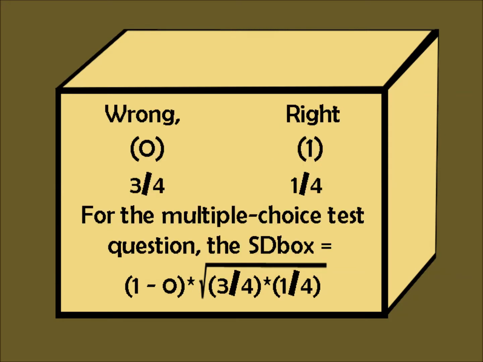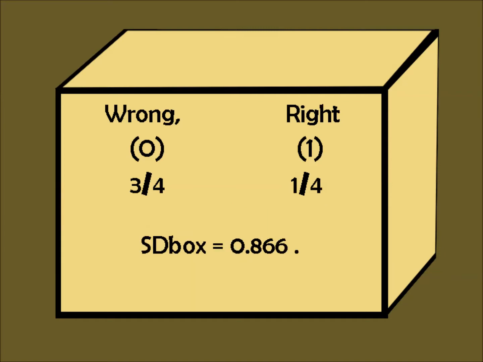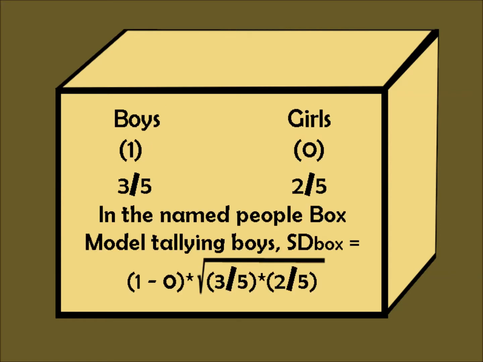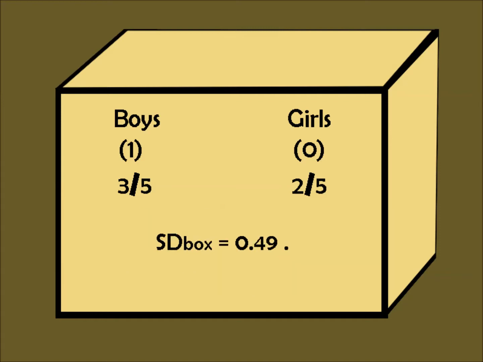Okay, for the multiple choice test question, we had this box model set up, and we would take a 1 minus 0 times the square root of 3/4 times 1/4, and that would give us an SD box of 0.866. If we did the tallying the boys, it would be 1 minus 0 times the square root of 3/5 times 2/5, and that gives us an SD box of 0.49.